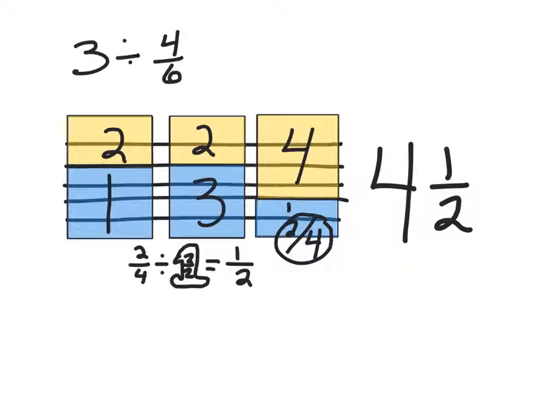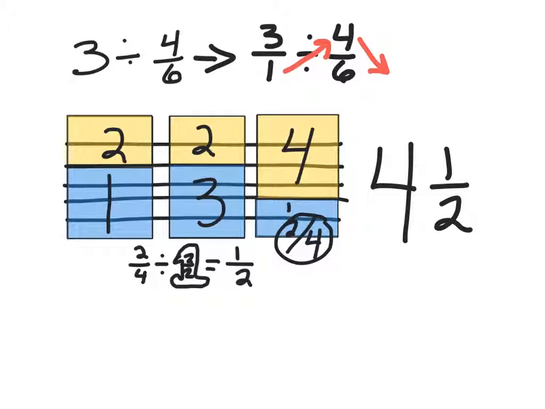So now the first thing I'm going to do is rewrite this algorithm as 3 over 1 divided by 4/6, right? And then I'm going to make mountains and valleys first. So I'm going to just take my 1 times 4, and then that's going to give me 4 on the denominator here, right? And then I'm going to make my valley, and 3 times 6 is going to give me 18 up here.